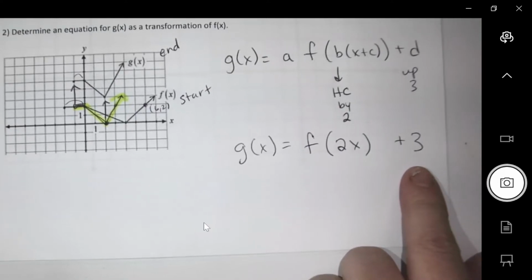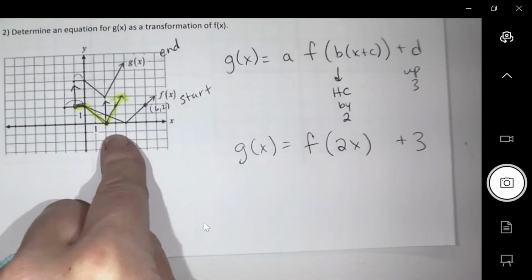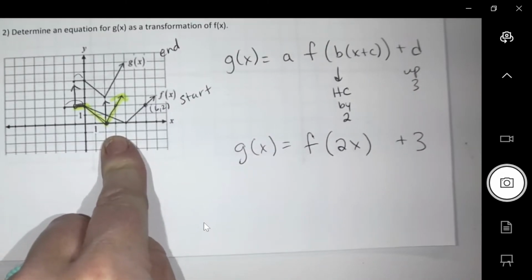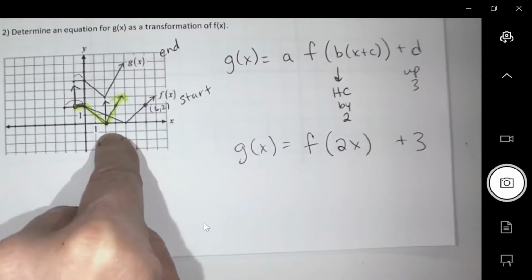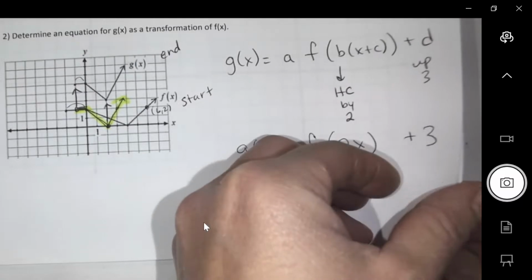I mean, where are you getting the numbers? Are they from the first one? Well, I took the first one and I squished it in, and I drew it. I drew my green graph, the one I squished in. And then look at my green graph. How do I go from that green to that G? I still have to move it upward. Okay.